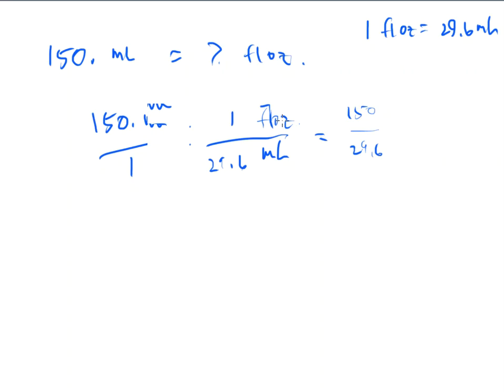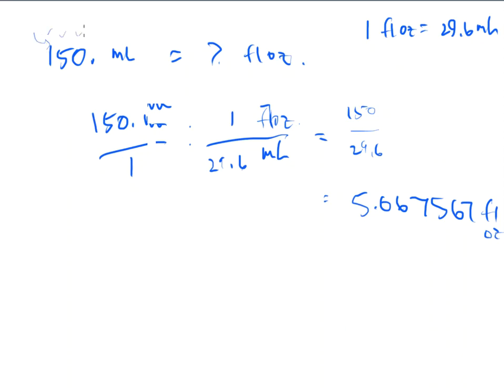And that's exactly what that math function is going to tell me to do, no matter how I look at it. So 150 divided by 29.6 gives me quite a long decimal value, 5.06767 fluid ounces. So this 150, that means the first non-zero gets counted.